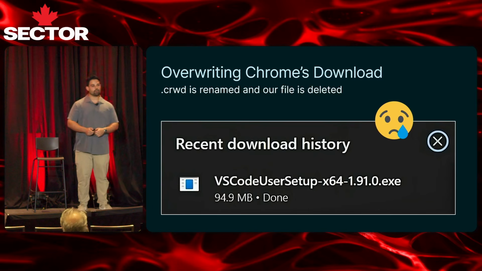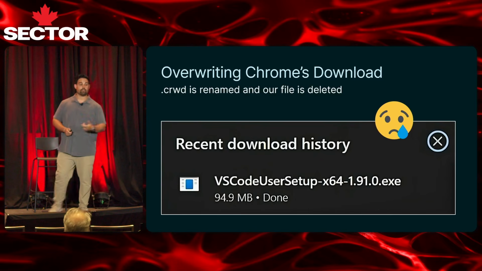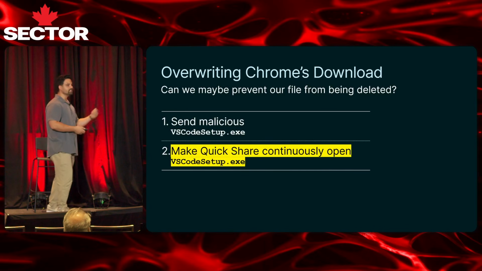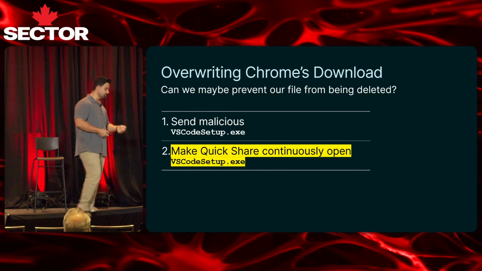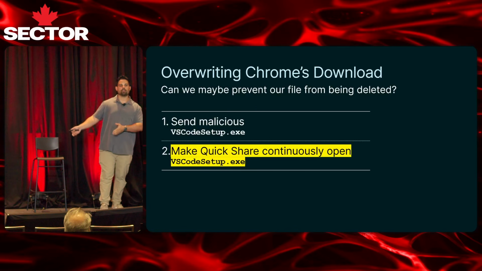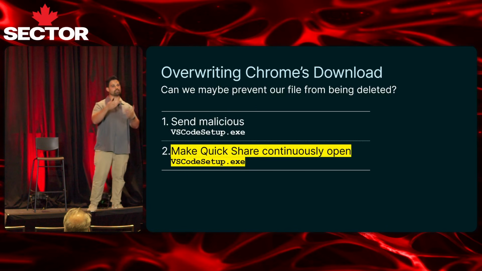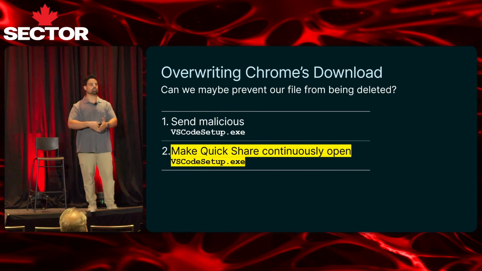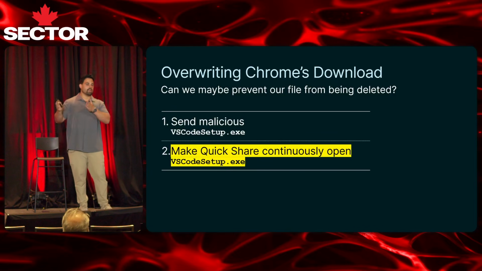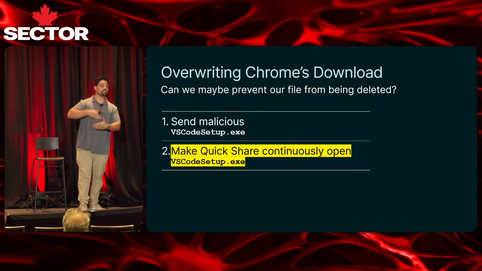So if you remember, our fuzzer earlier found a way to make QuickShare continuously open a file that we choose from the downloads folder. So what we thought about was that maybe after we send the file, we immediately also forced the victim QuickShare to continuously open the file that we sent, and only then release the last TCP packet to the client.